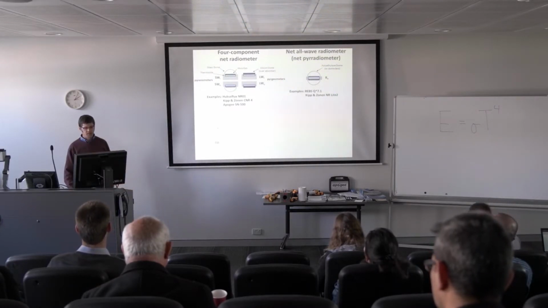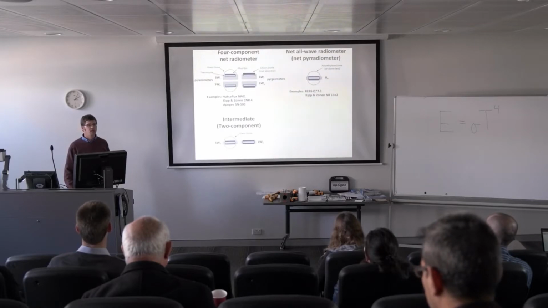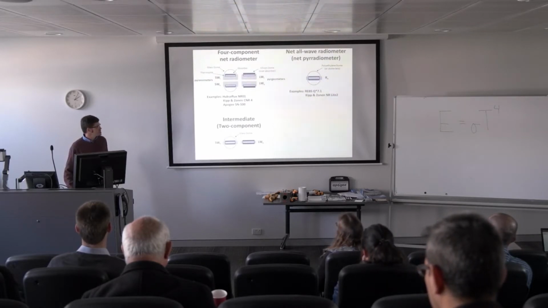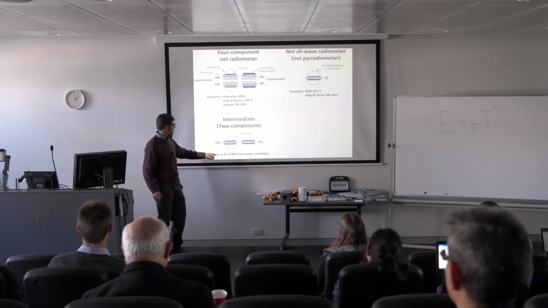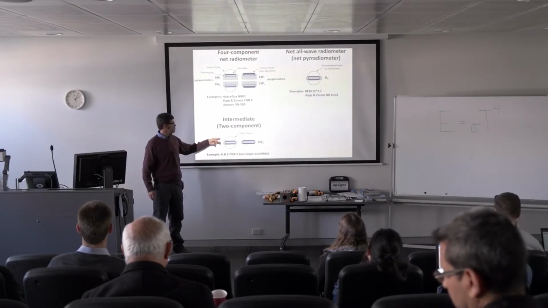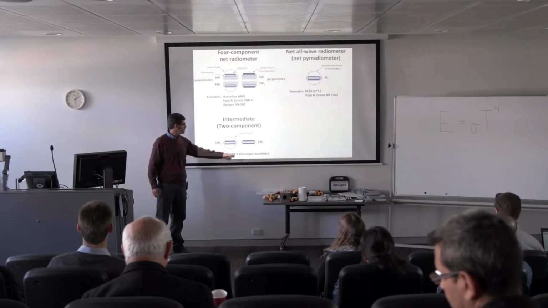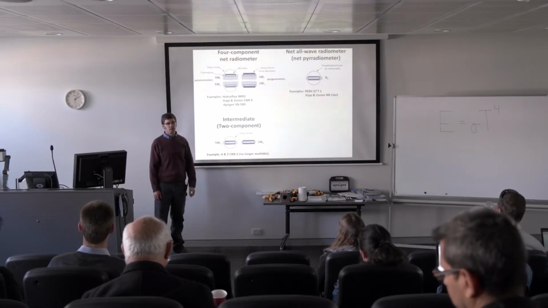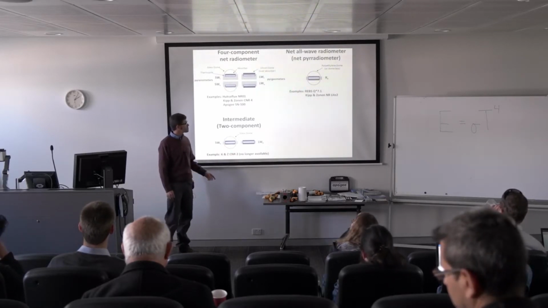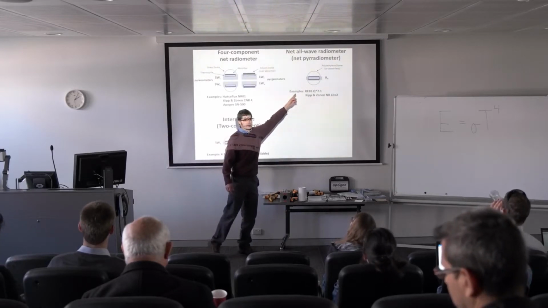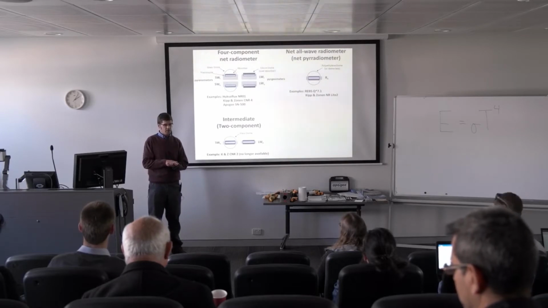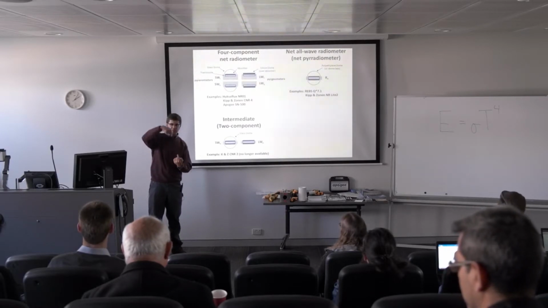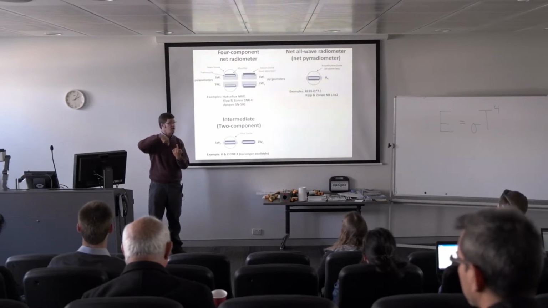Okay, I won't spend nearly as much time on these two intermediate types, just because this is the only example of this type of two-component instrument that I'm aware of, and it's no longer available. So essentially it works a lot like this one, where you have a single thermopile that's measuring the net difference between what's coming in and what's coming out.